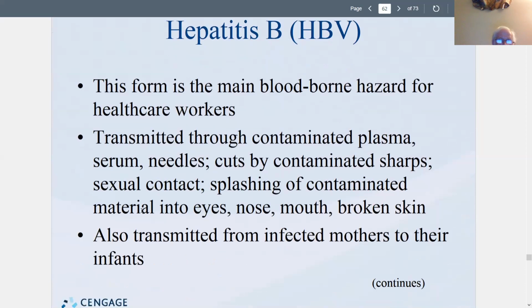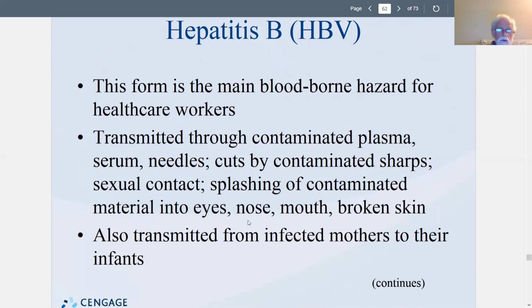Hep B is bloodborne, as you remember from your Med 102 class. It can be transmitted a lot of ways: contaminated plasma, contaminated sharps, sexual contact, or splashing of contaminated material into sensitive tissues, eyes, nose, mouth, or broken skin.